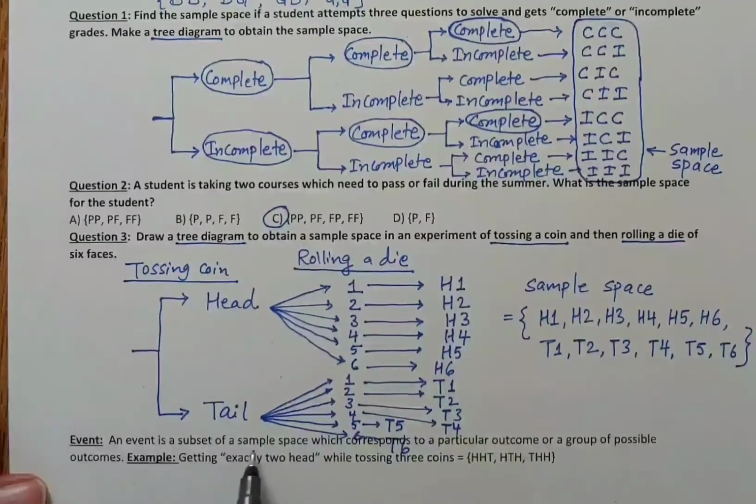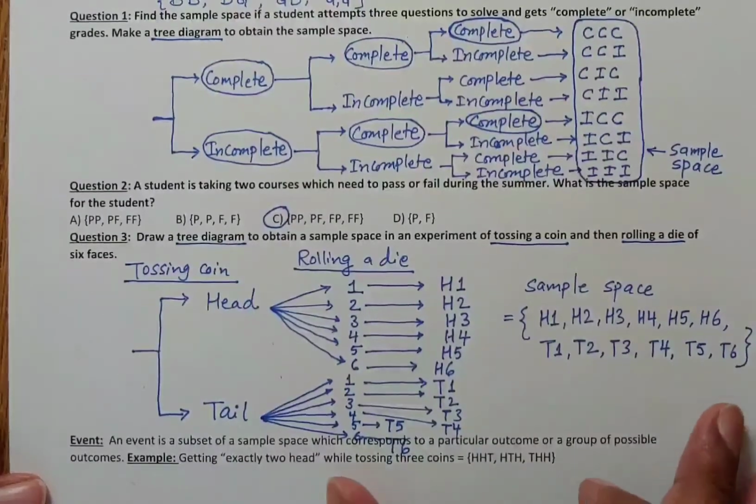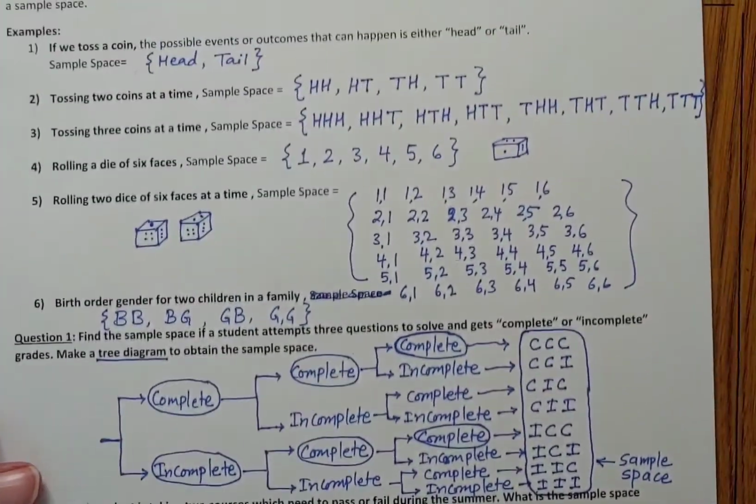Event is a subset of a sample space corresponding to a particular outcome or a group of possible outcomes. Example, getting exactly 2 heads while tossing 3 coins. While tossing 3 coins, this is the total sample space, right?